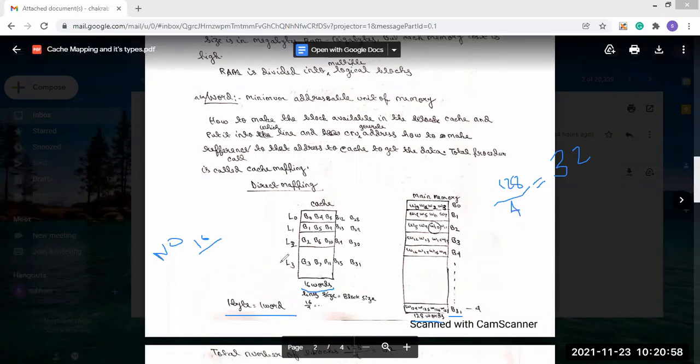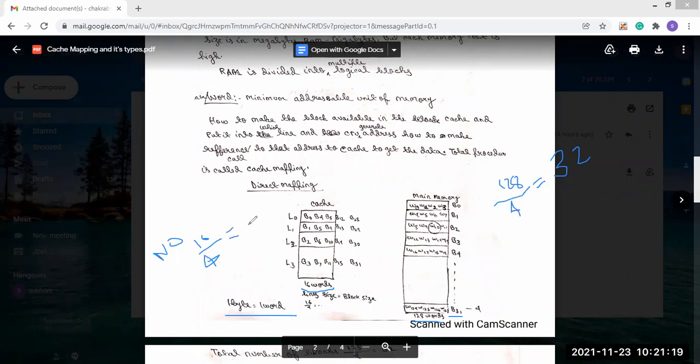So the number of lines will be the total number of words present in the cache divided by the number of blocks accommodated per line. The number of blocks accommodated per line, we are considering here, is 4.